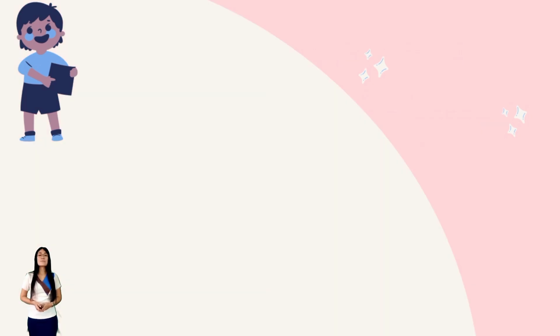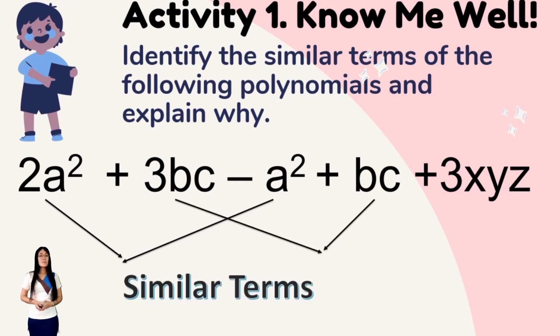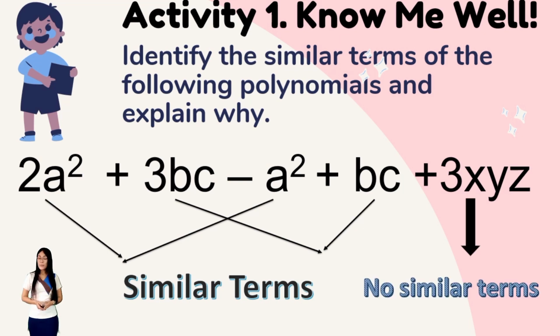That's correct. Another one. What do you think are the similar terms in these polynomials? Right, it's 2a squared and negative a squared. Next, we have 3bc and bc. That's correct. And the last one, we have 3xyz.